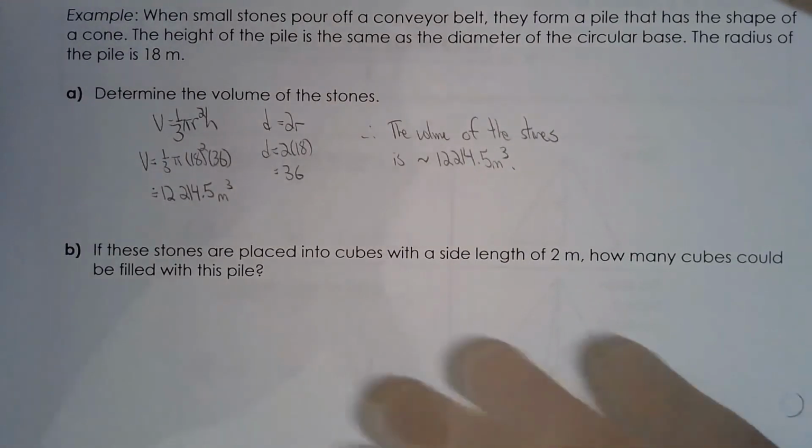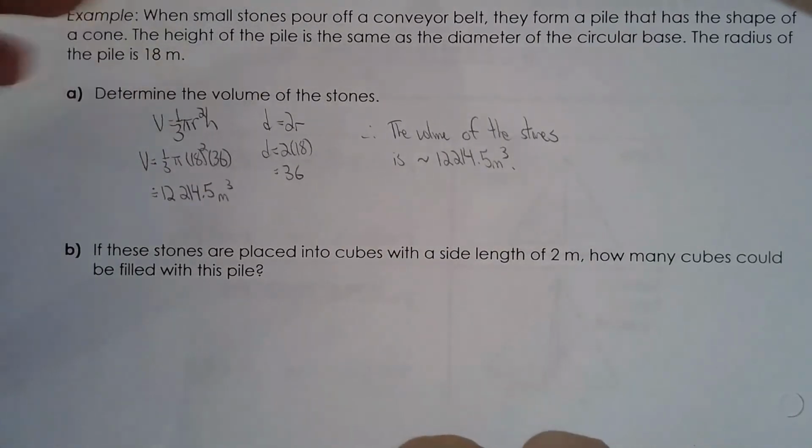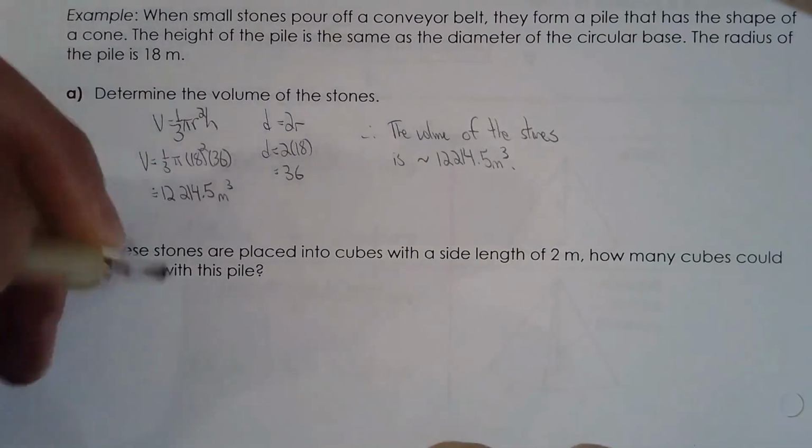If these stones are placed into cubes with a side length of 2 meters, how many cubes could be filled with this pile? Okay, so what I'm going to do is find the volume of 1 cube. If the cube has side lengths of 2 meters, this is a huge cube, by the way.